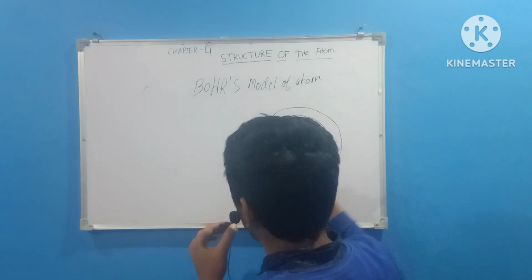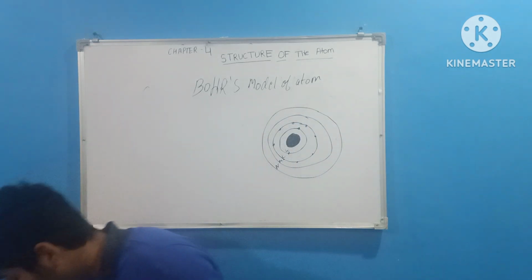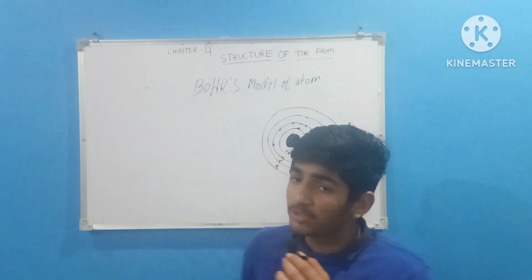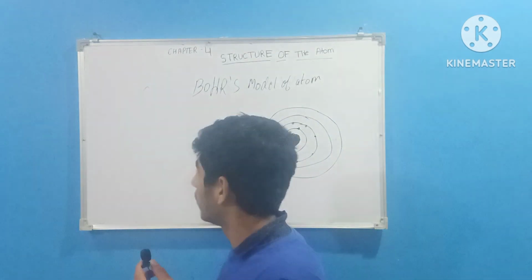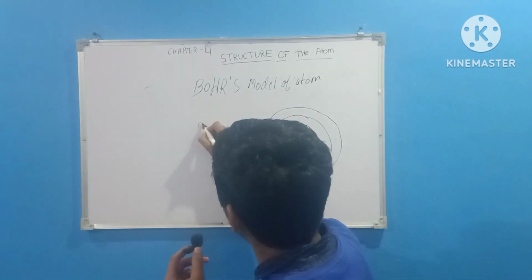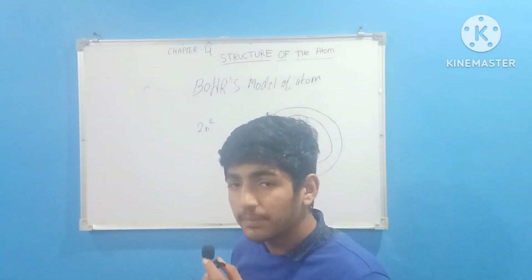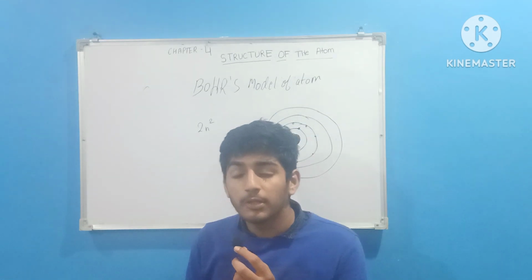It is the same in M and N also, 8 are there. And he also gave a formula, 2n square, for finding the number of electrons present in a particular shell.